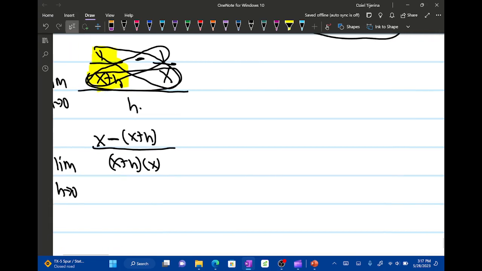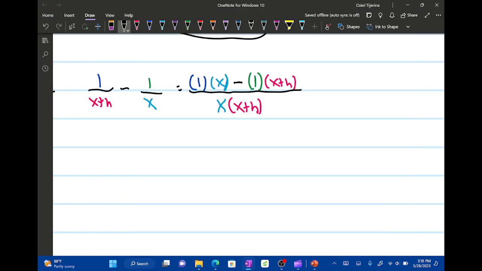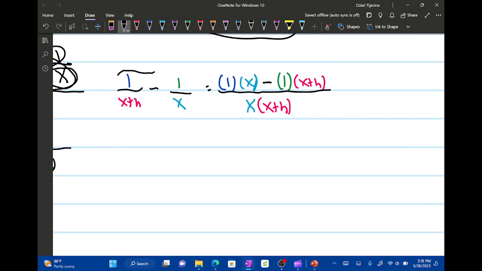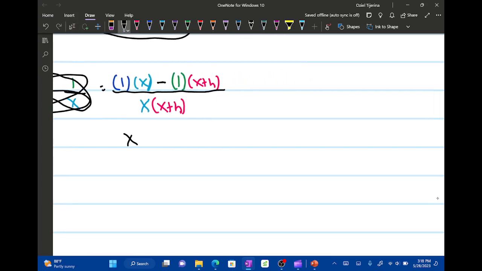Basically, I'm using this rule. To summarize what I did here, we're doing cross multiplication, multiplying this and then putting it all over this, right? So we have x minus the quantity x plus h all over x times x plus h.